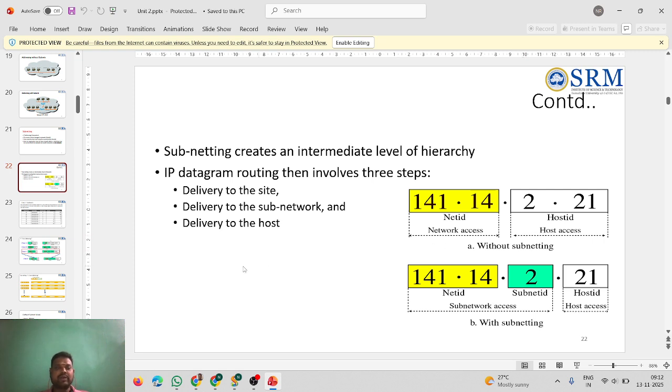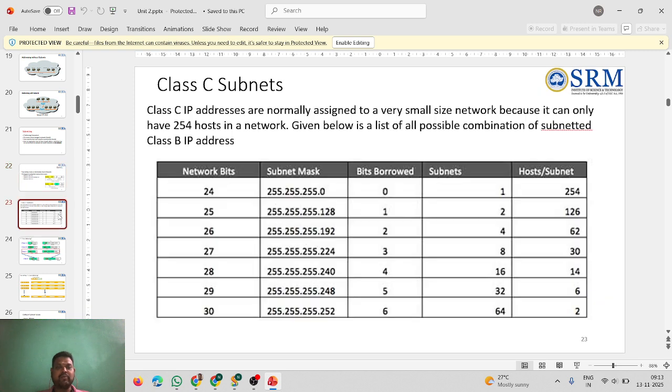As I told you, an IP address consists of two components: net ID and host ID. What we are going to do is borrow a bit from the host ID component. As we discussed, there are two parts, net ID and host ID, and we are going to borrow 1 bit, 2 bits, 3 bits, whatever, depending on our requirement.